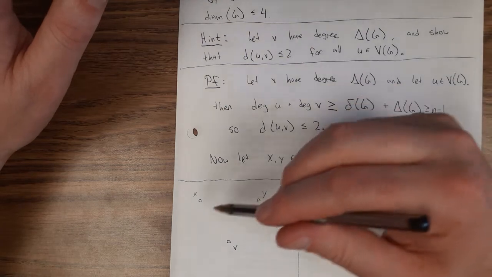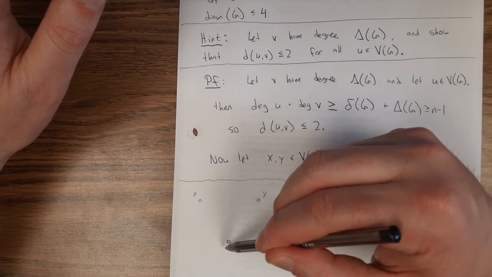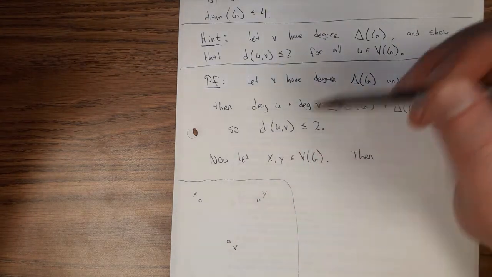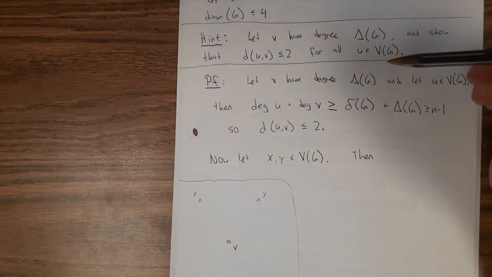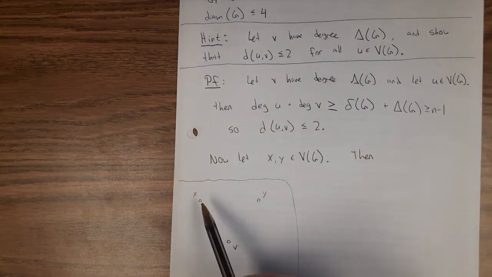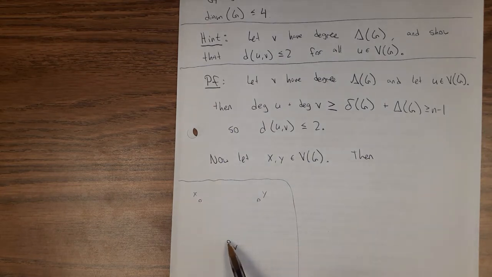It's natural to go through v because v has a high degree, and roughly speaking, that means you can get from v to a lot of places. I think that's about as much as I can dance around the issue, so I'll just tell you what I'm thinking now. The distance from x to v is at most 2 because the distance from anything to v is at most 2. So I can get from x to v in 2 steps. I can also get from v to y in 2 steps, and that makes 4 steps. And so basically that's it.